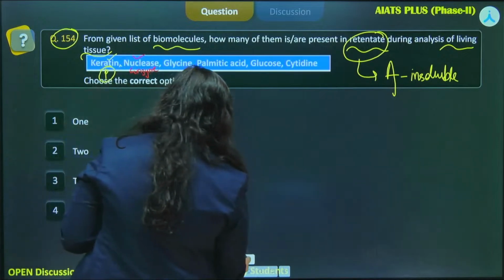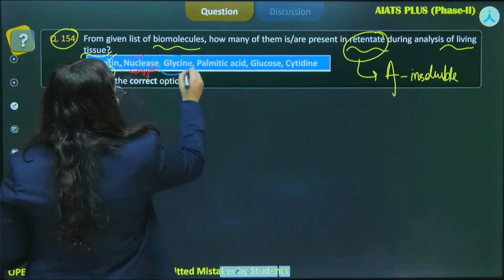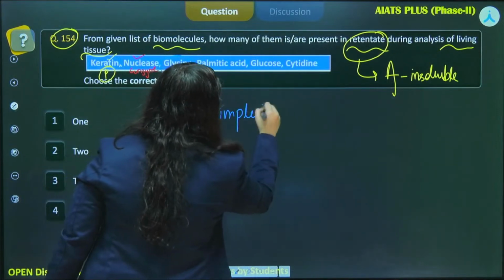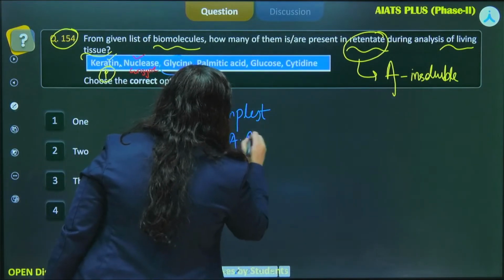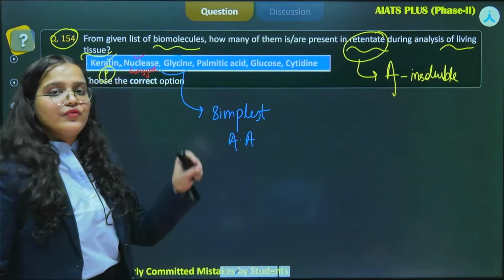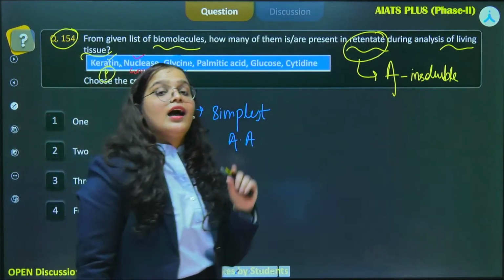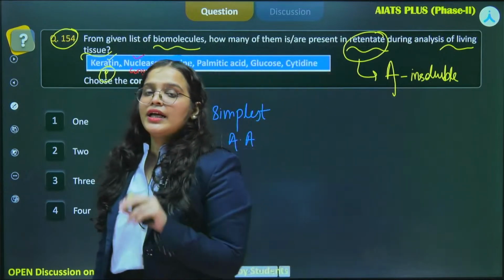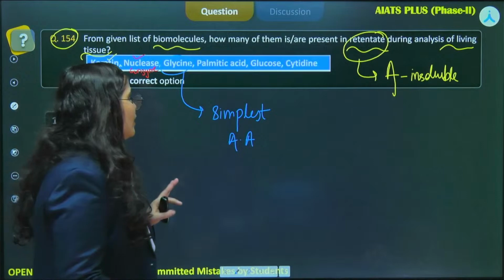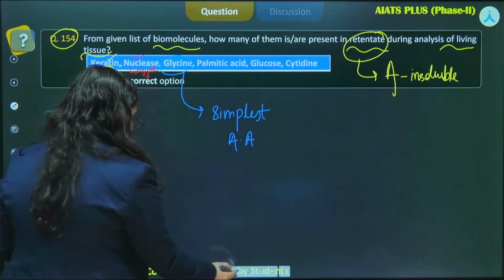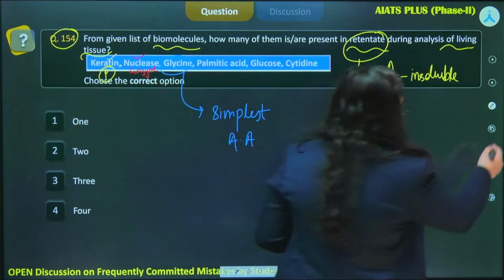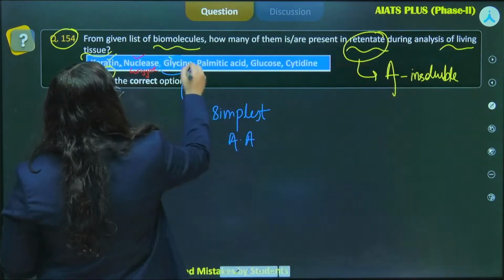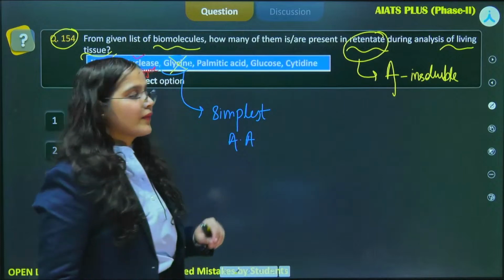Glycine is said to be the simplest amino acid, and often a question is asked on this. Since it has low molecular weight, it will not be found in the retentate, therefore we will not include glycine in our answer.